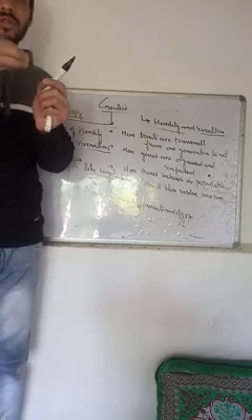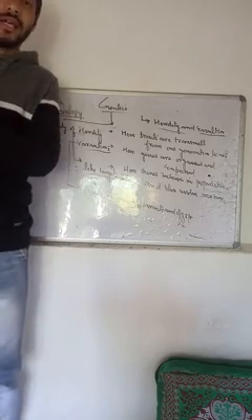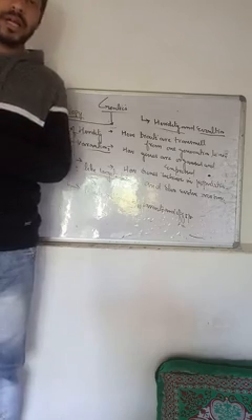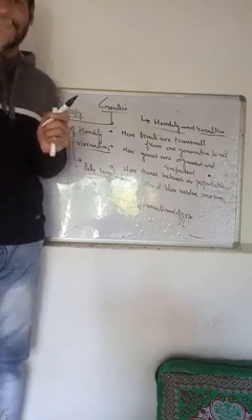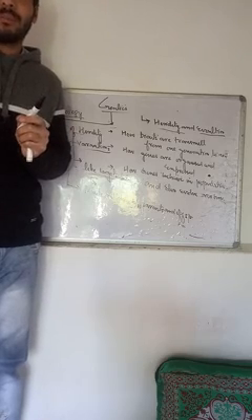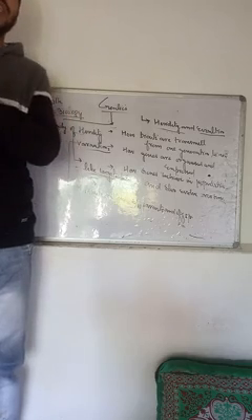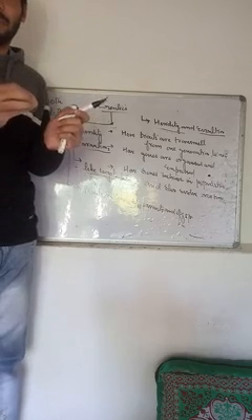Suppose the color of an eye: your eyes look like your father's, your hair is like your mother's, your nose resembles your mother's. So this is the trait. Some of the characters are expressed from the paternal side, some from the maternal side.